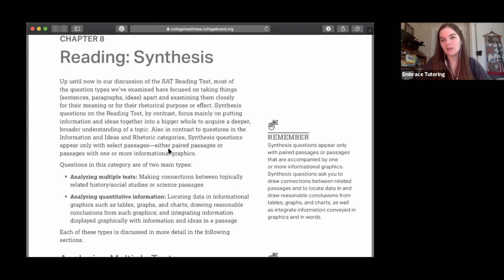So you are doing these skills on other questions, on more of the rhetoric type questions or the information and ideas type questions, but on a different scale.